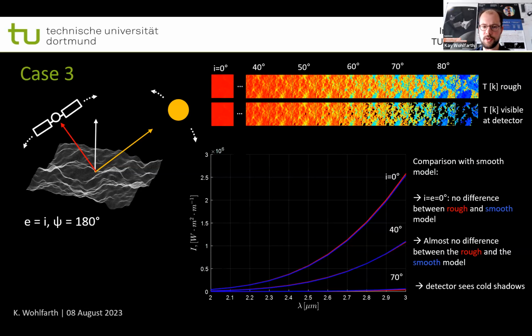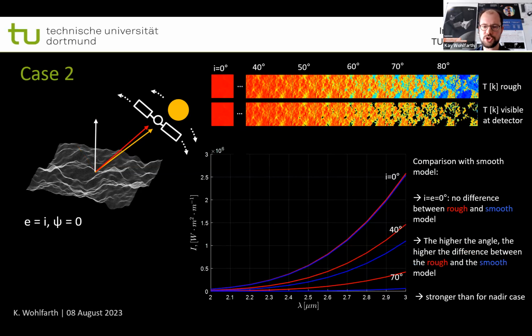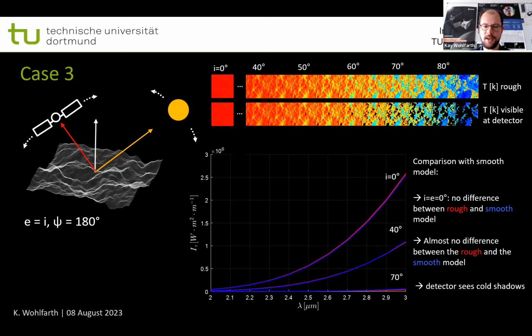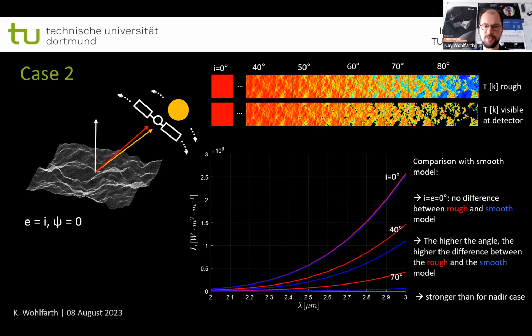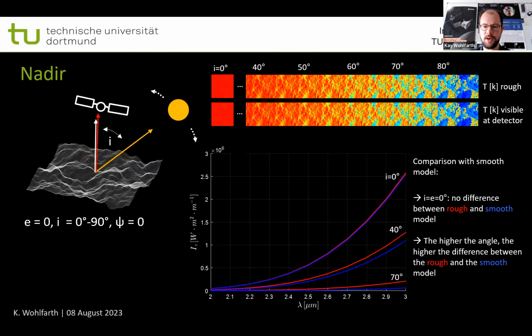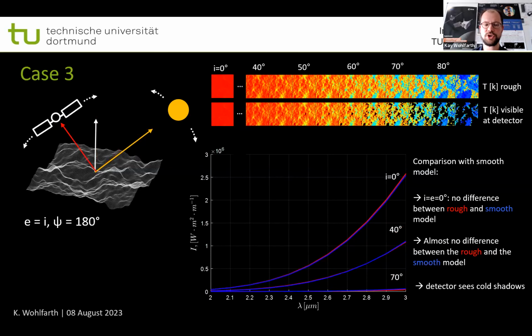And when I quickly change between the slides, you can see that depending on the geometry, whether it's nadir or opposition, or this case number 3, the thermal emission curve changes. And what I would like to highlight is that surface roughness is a really important thing, because depending on the exact configuration of the sun and the space probe, we see quite different results.